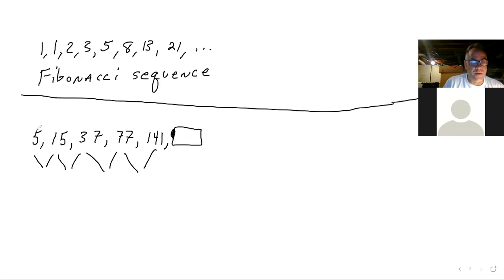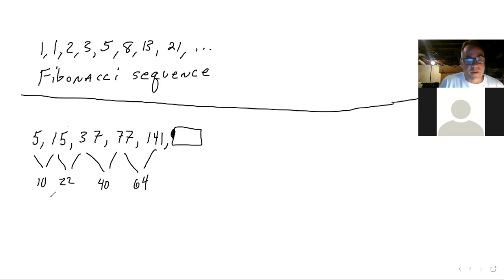So 15 minus 5, we already said that was 10. 37 minus 15 would be 22. 77 minus 37 would be 40. And 141 minus 77, I get 64.